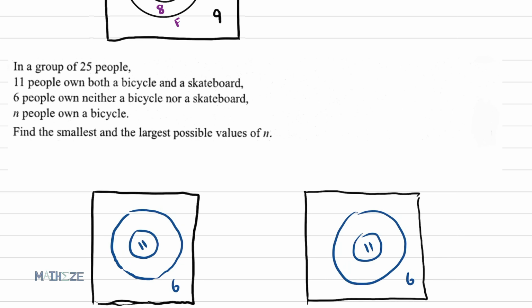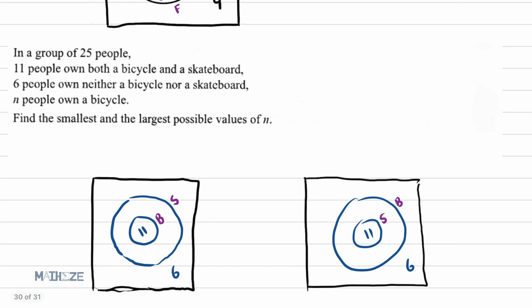So there is a possibility that this can be bicycle, this can be skateboard, or this can be skateboard, this can be bicycle. In this case, if this is bicycle, that means the number of people who own a bicycle will be 11. This is the smallest value. If this is bicycle, how will you get the value? Let's write x here and let's add.